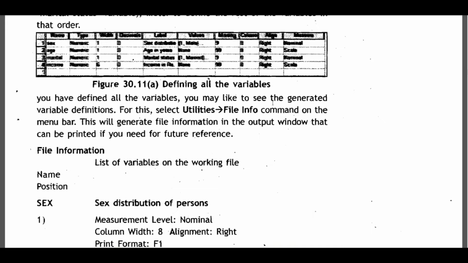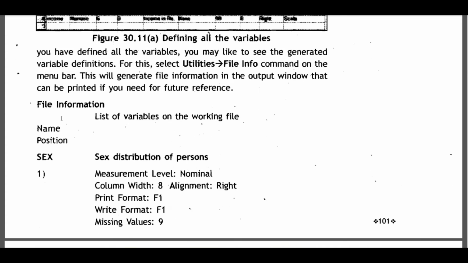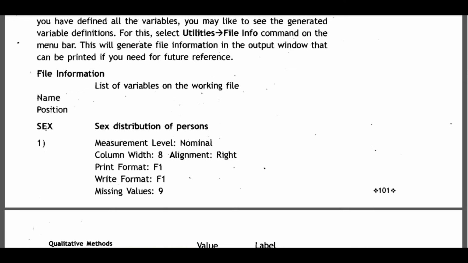You may like to see the generated variable definitions. For this, select Utilities, File Info on the menu bar. This will generate the file information in the output window, and that can be printed if you need it for future reference. This is the file information, the list of variables in the working file. These are all the things you already entered for sex. The measurement level is nominal, the column width is 8, the alignment is right.